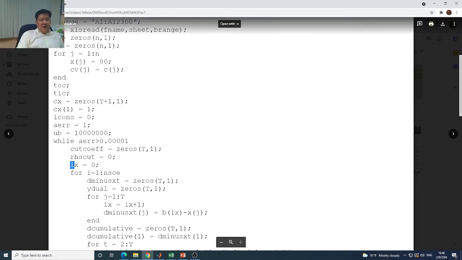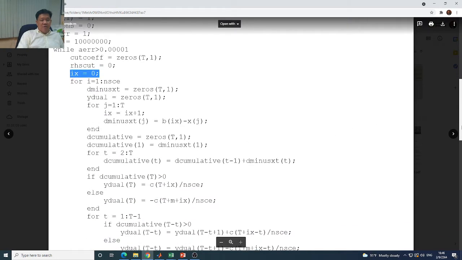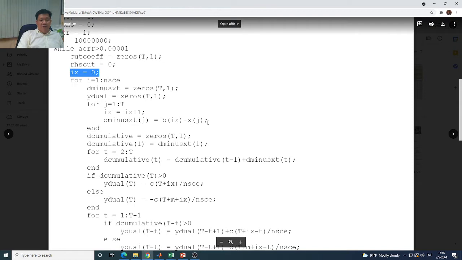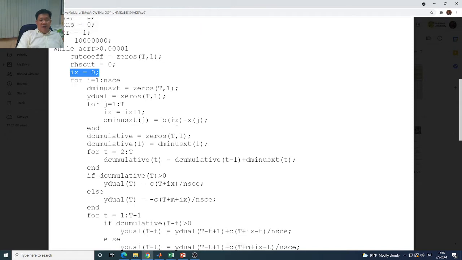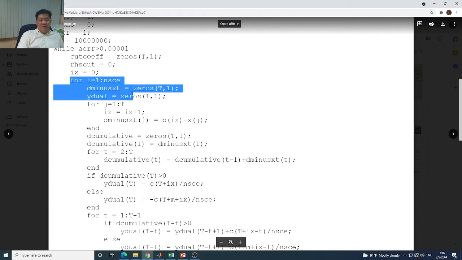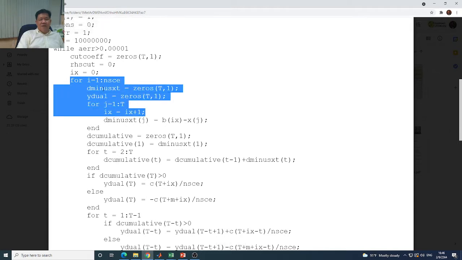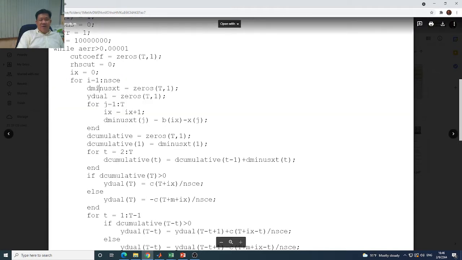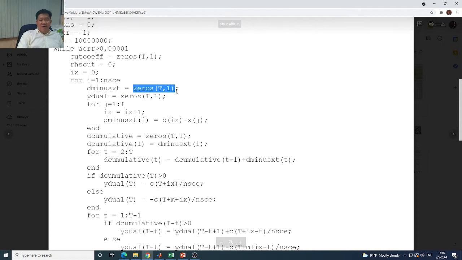Then we start counting, and this is the process to compute what we call d_i^k minus x, for all number of scenarios. We have the d minus initial variable for each scenario.